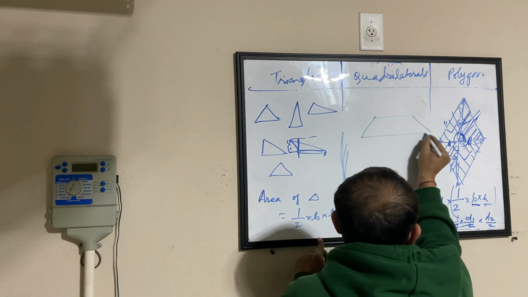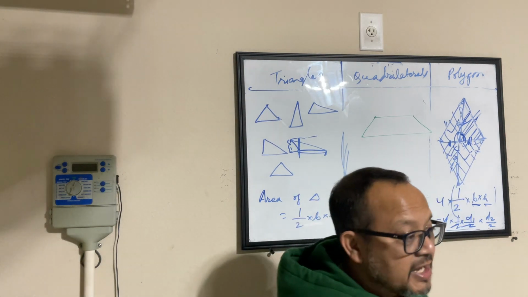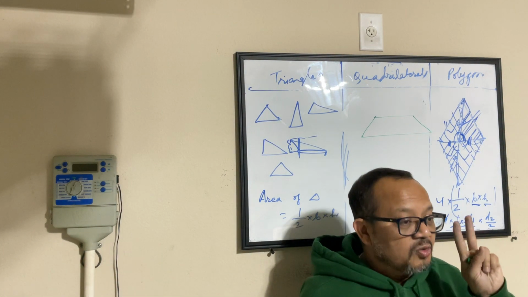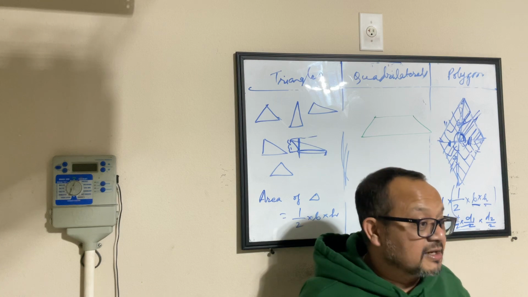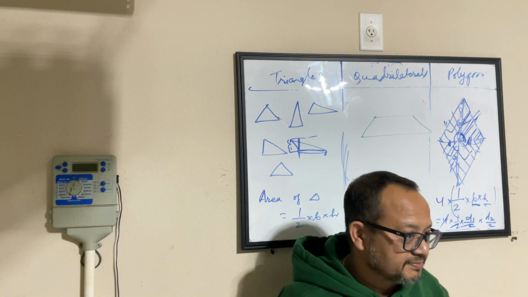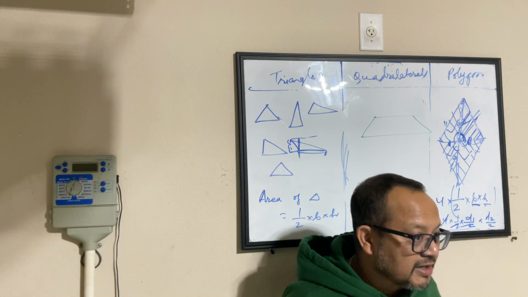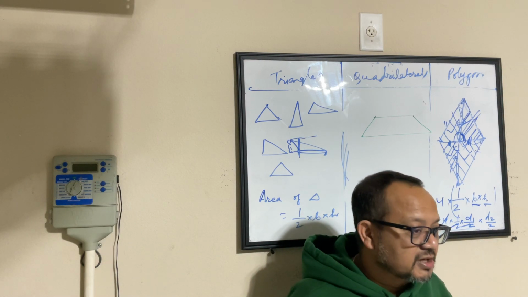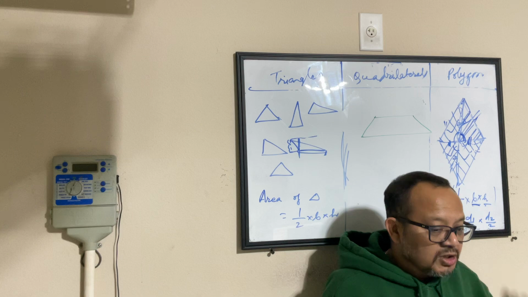Look at this. This is a trapezoid. What is the property of a trapezoid? In case of a trapezoid, only one pair of lines are parallel. Remember, there is only one pair of lines parallel to each other. If you have two pairs of lines parallel, that is not a trapezoid. It is a parallelogram.